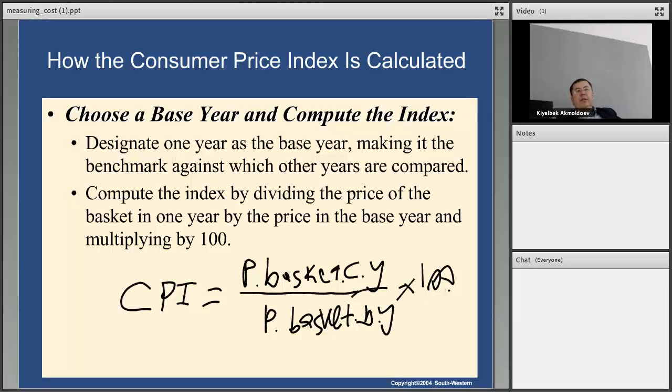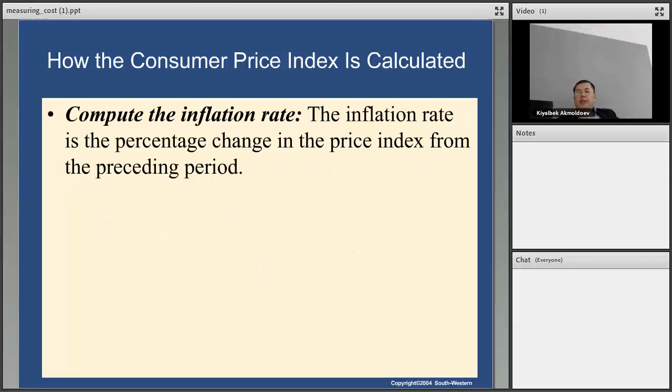After that, we find the cost of the basket, and then to calculate the CPI, we take the cost of the basket of the current year divided by the cost of the basket in the base year, multiplied by 100. So this is CPI, or Consumer Price Index.